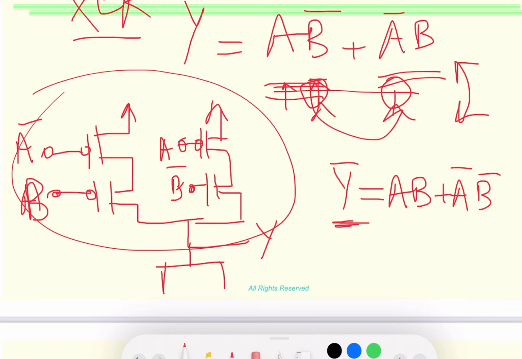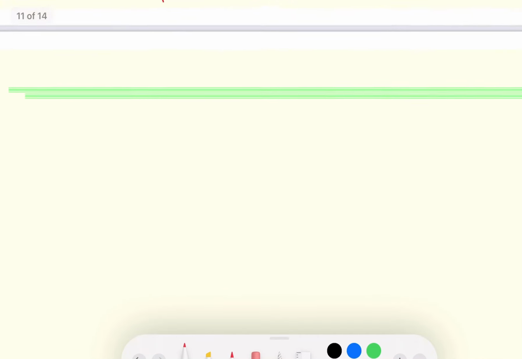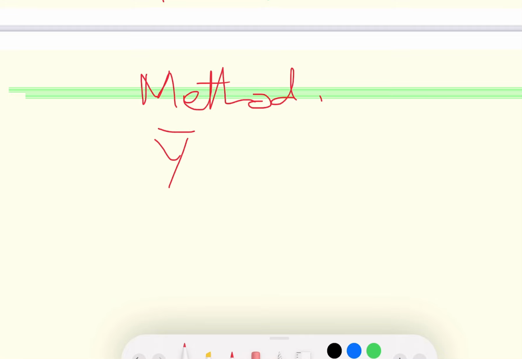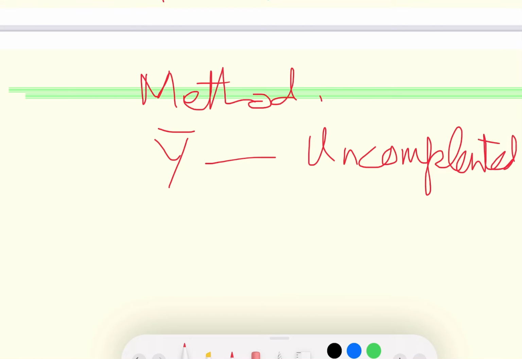So there is this method which we have now gone through. The idea is that there are a few steps involved in how we approach it. We can create a pull-down network if we can express our output in terms of its complement. So we can just express this in terms of uncomplemented inputs, which is slightly straightforward.